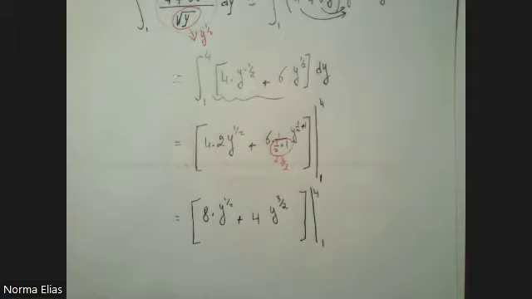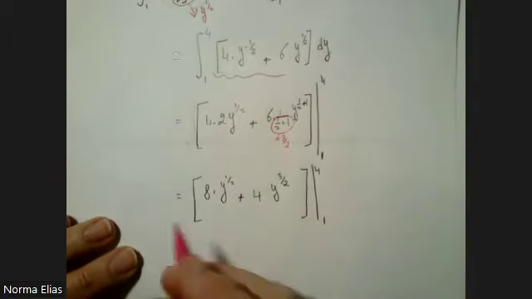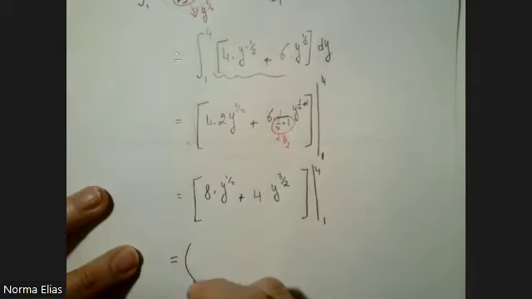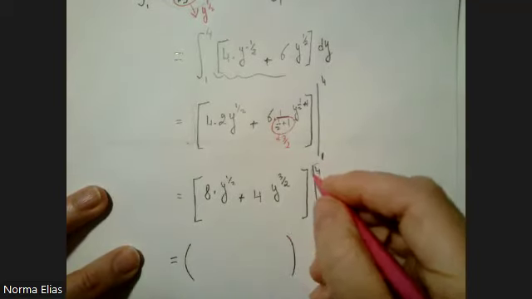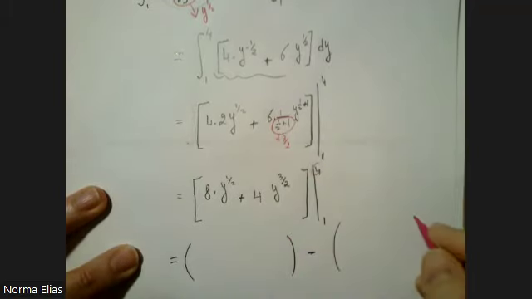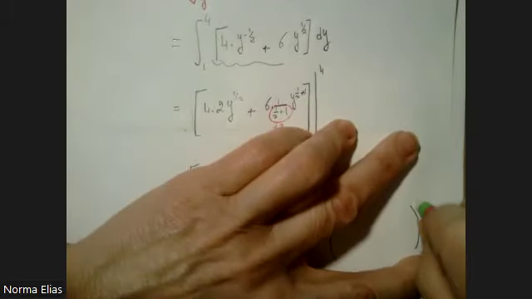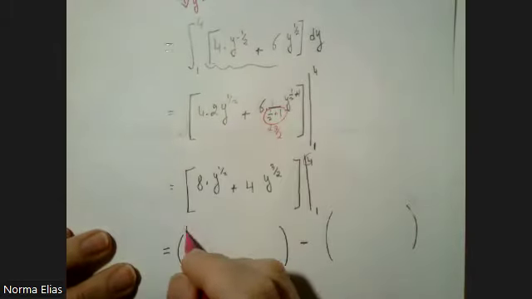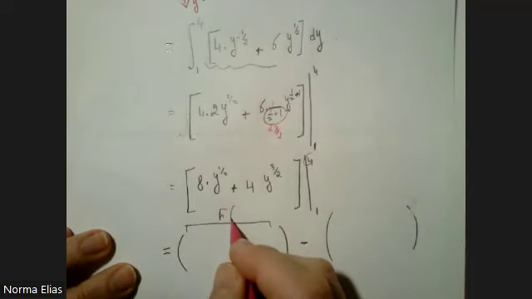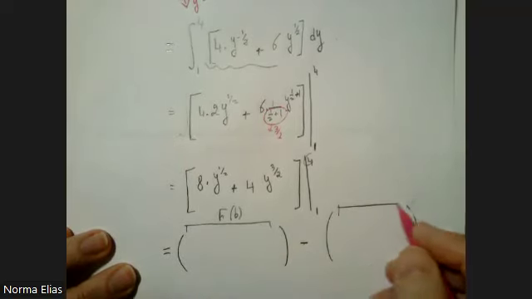If I make any mistake, please let me know. Now we do the evaluation. It's everything at the upper limit minus everything at the lower limit. So that's f of b minus f of a.